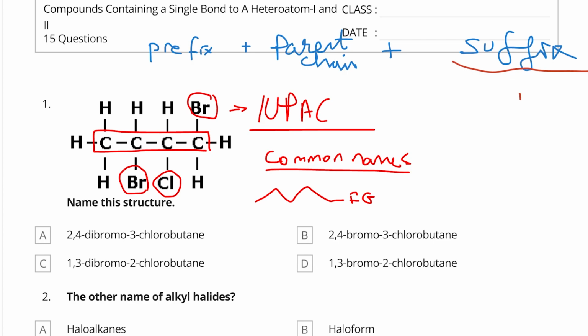And so visit my Instagram account to look at the functional groups and their priority order. I have recently posted a good illustration for you, a good table actually, and you will find the functional groups we study, their suffix name, prefix name, and also their priority order and some basic examples.